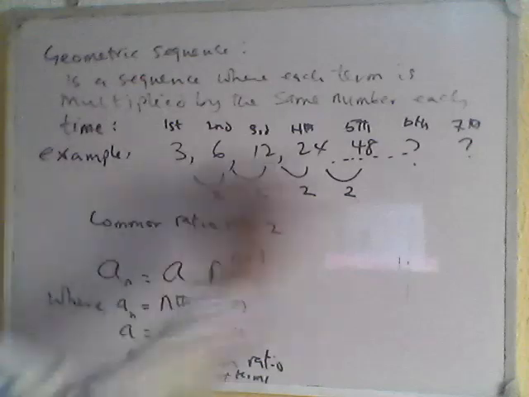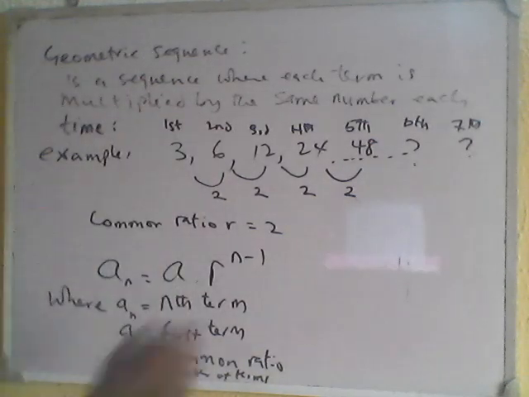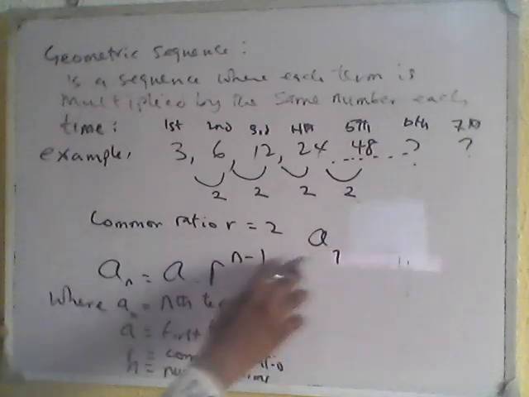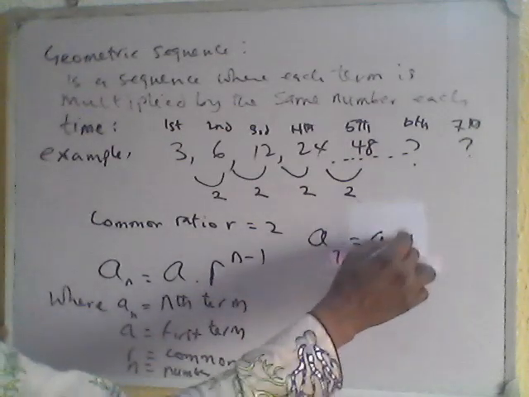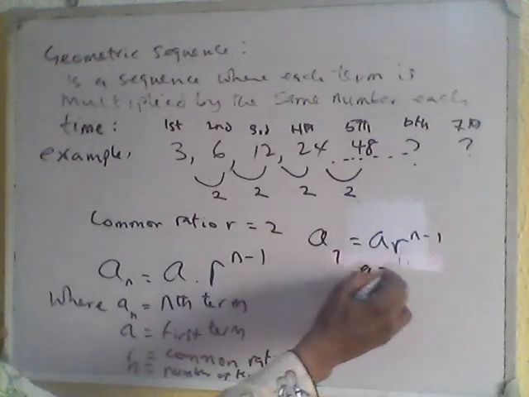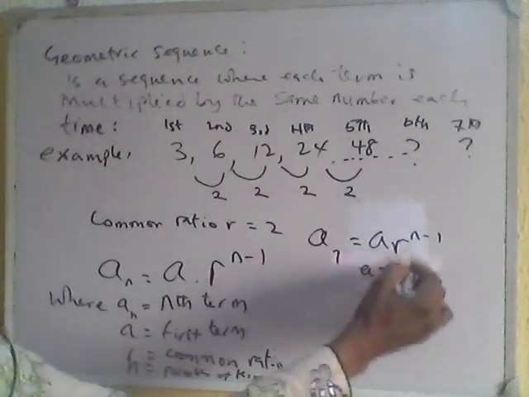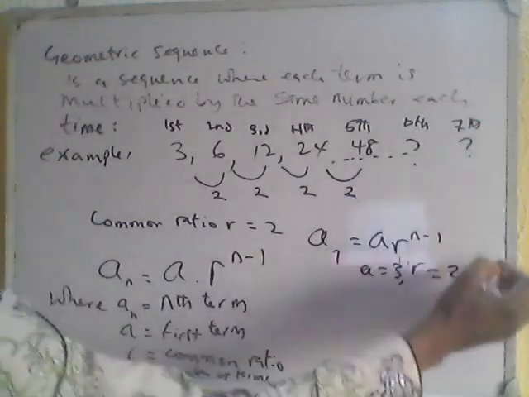I might not have to write everything, but I use this formula to get the answer. So for the seventh term, a7 is equal to a times r raised to the power n minus 1, where a in this case is 3, r in this case is 2, and n, because we're looking for the seventh term, is 7.